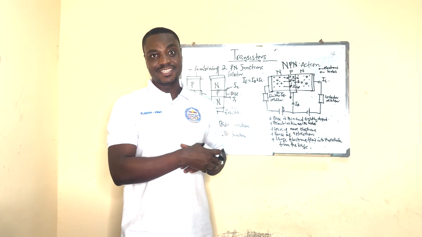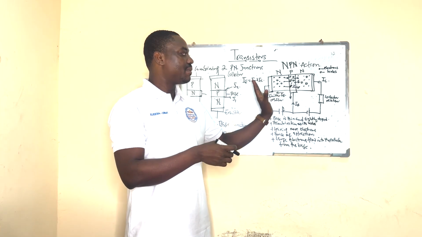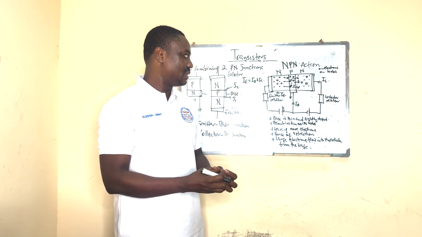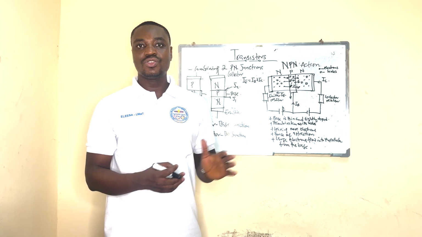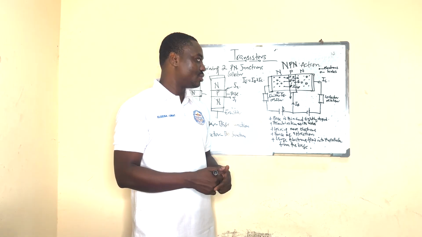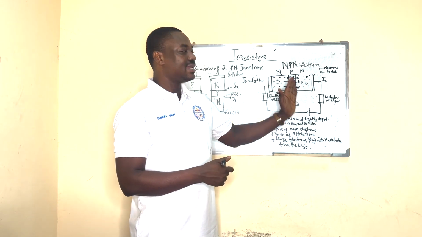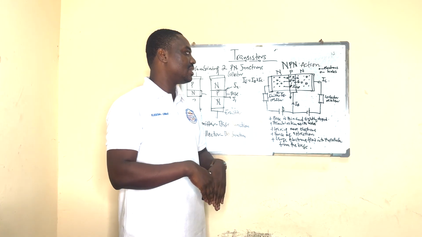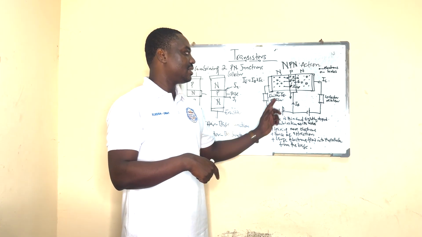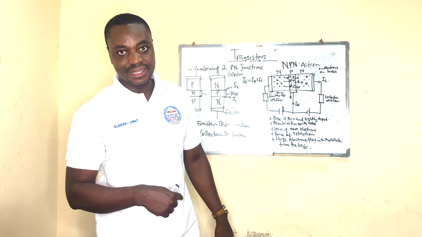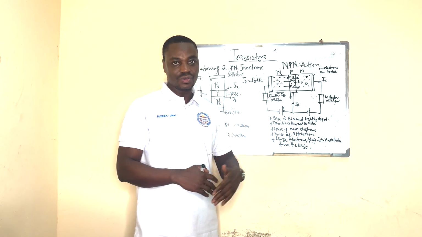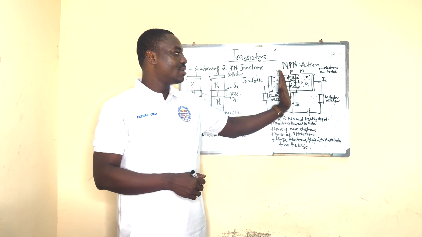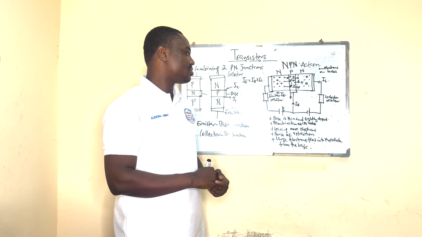Because the base region is lightly doped, electrons will move in there and recombine with the existing holes, but there is still going to be an inflow of electrons that continues to take place. Those electrons have already recombined with the existing holes, and now there are no more holes to combine with. So you now have more electrons in the base region.